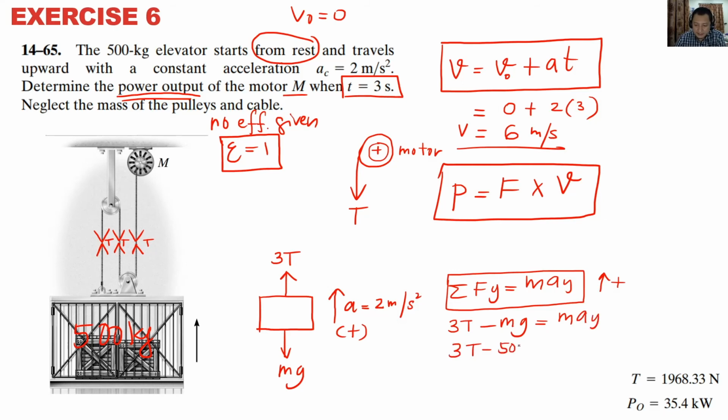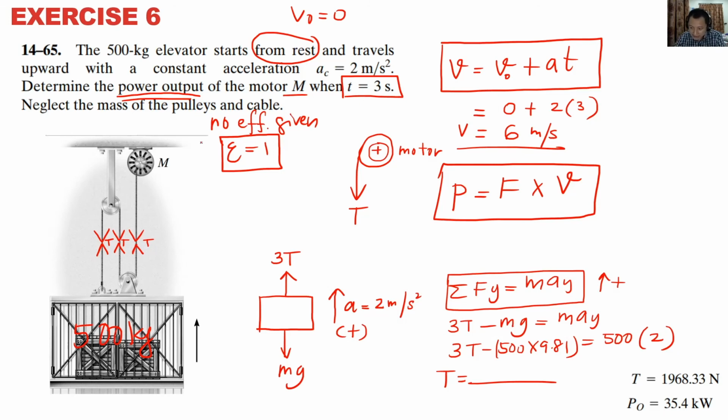3T minus 500 times 9.81 is equal to 500 times acceleration, which is 2. So tension becomes 3T equals 1000 plus 500 times 9.81, bahagi 3.